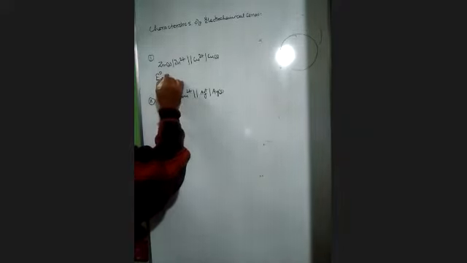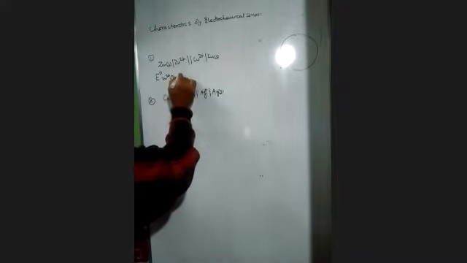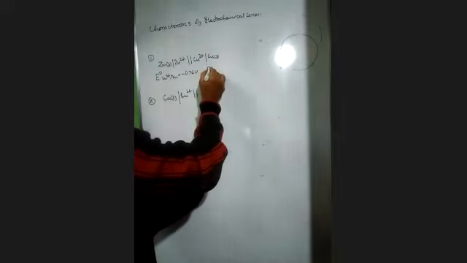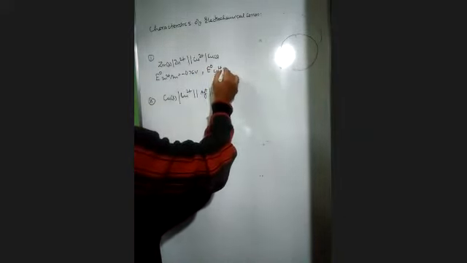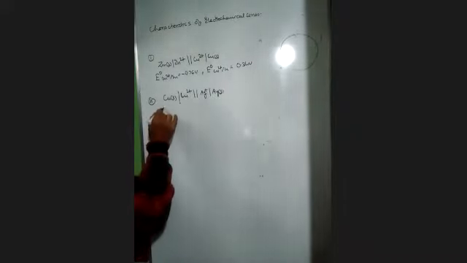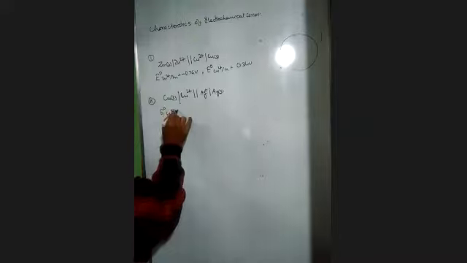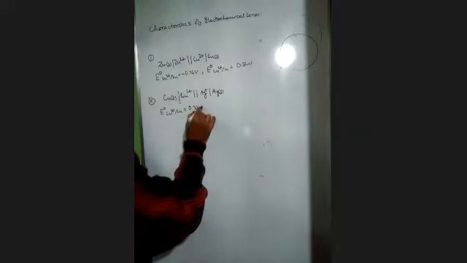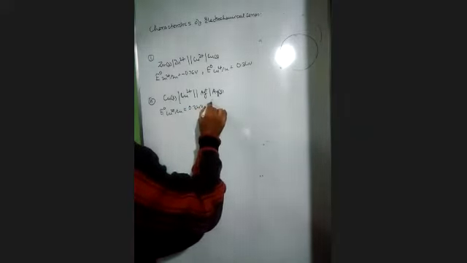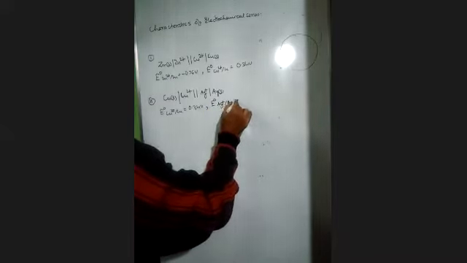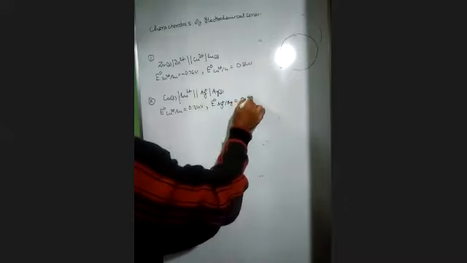Here E0 Zn2 plus Zn is minus 0.76 volt and E0 Cu2 plus Cu is 0.34 volt and E0 Ag plus Ag is 0.80 volt.